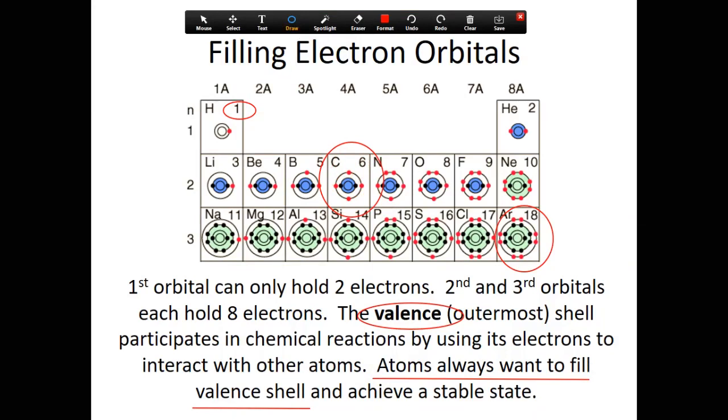In other words, does it have a full valence shell? The answer is no. So that actually is a very good thing in terms of biology, because that's going to make atoms like carbon highly reactive. It's going to help us to build larger molecules within the body.